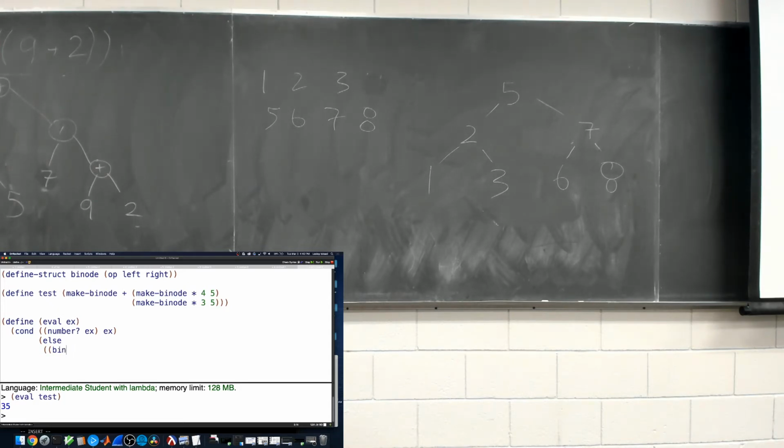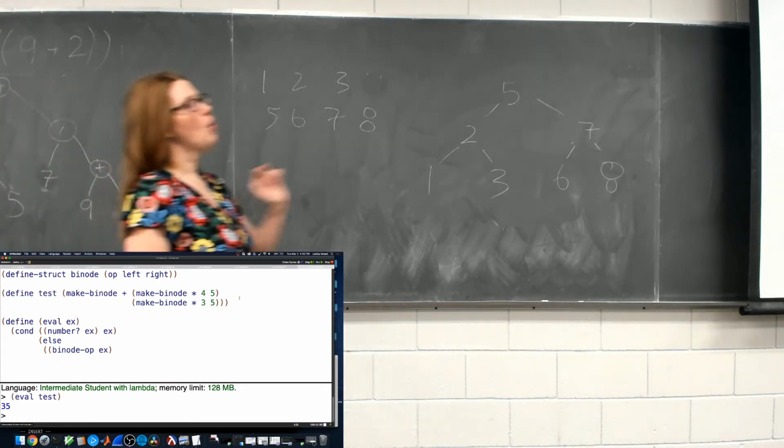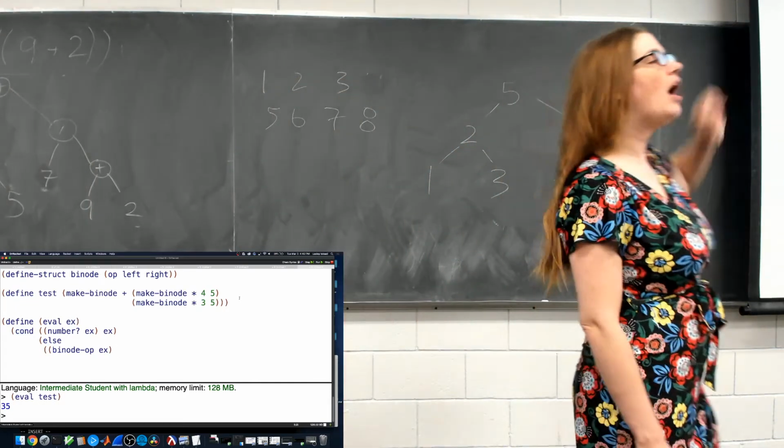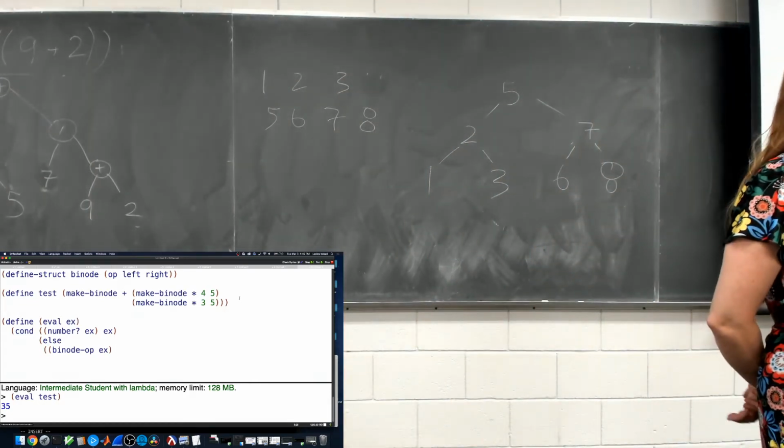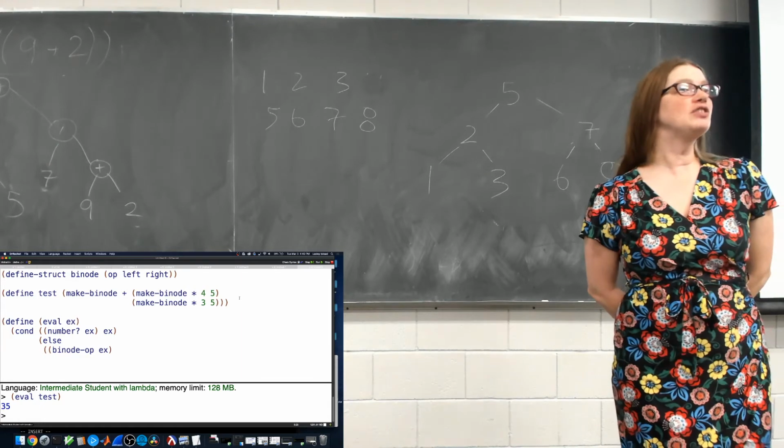I'm going to get the operator from the node, and I put it in the position where my function call would be. If you note, when I made this tree, my operators were not symbols, because functions are values.